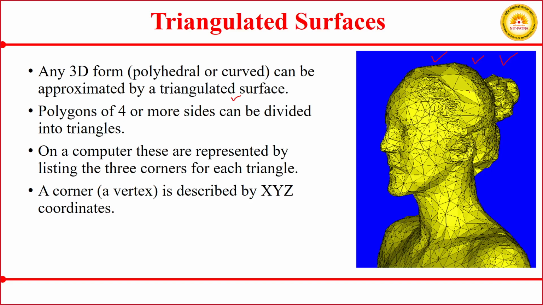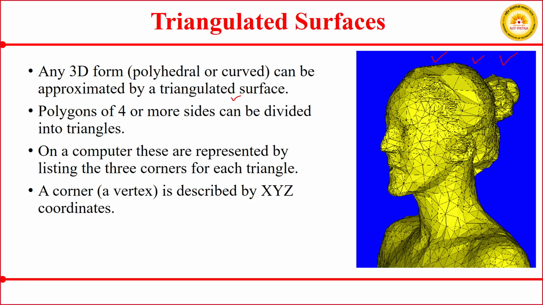We are trying to represent our whole 3D model with the help of triangles. How these triangles will be stored, and how we will calculate the corresponding data, we will see in the corresponding slides.